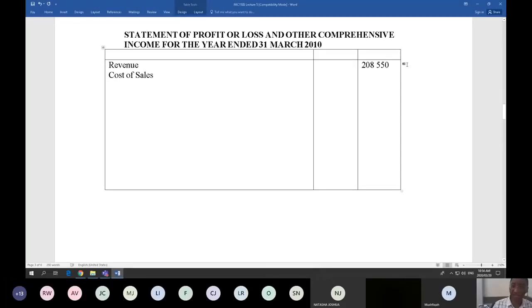Revenue is given now, 208,550. Our cost of sales is given to us, and our cost of sales is the amount of 114,000. Revenue minus the cost of sales of 114,000 will give you a gross profit of 94,550. That is my gross profit.